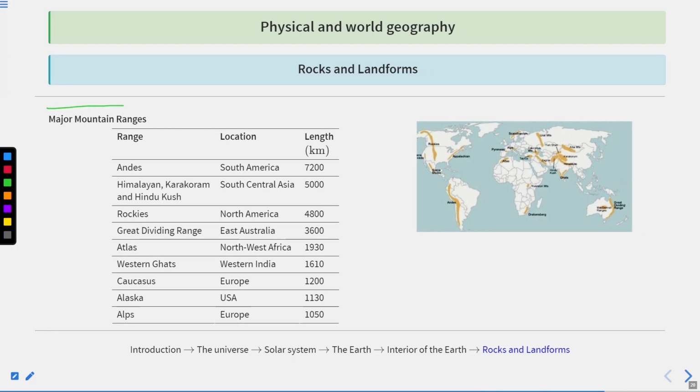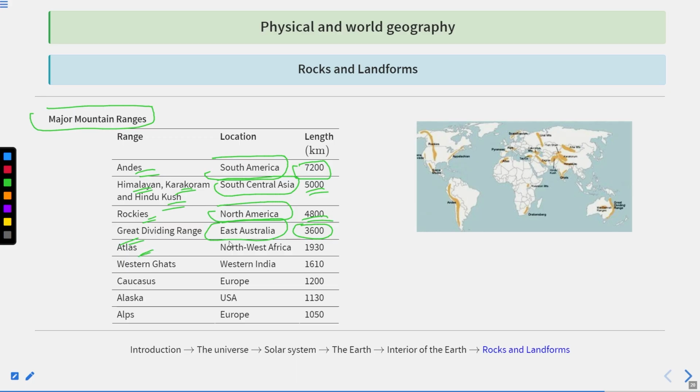If we talk about the major mountain ranges: the Andes lies in South America, length 7,200 kilometers. Himalaya, Karakoram and Hindu Kush lie in South Central Asia, 5,000 kilometers length. Rockies, North America, 4,800 kilometers length. Great Dividing Range, East Australia, 3,600 kilometers.